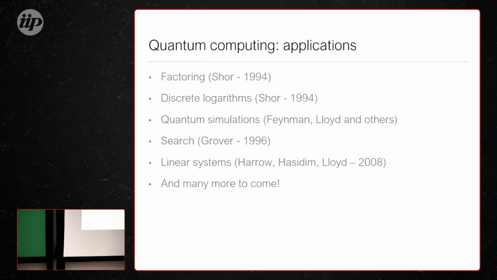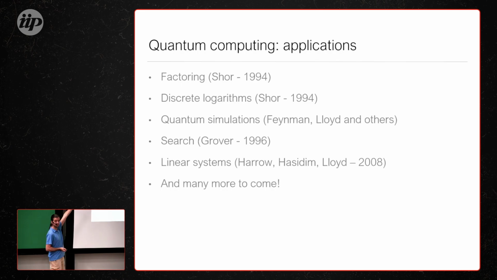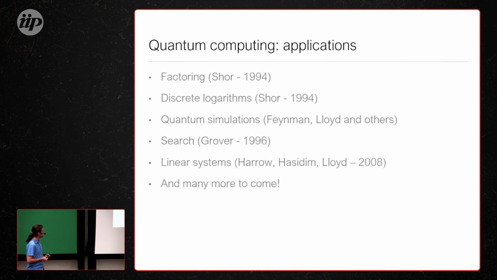And what can it do? From the beginning, people like Shor, Feynman, Lloyd and others noticed that there's a bunch of tasks these devices can perform in polynomial time, like factoring, computing discrete logarithms, quantum simulation, searching unstructured databases, and solving some aspects of linear systems.